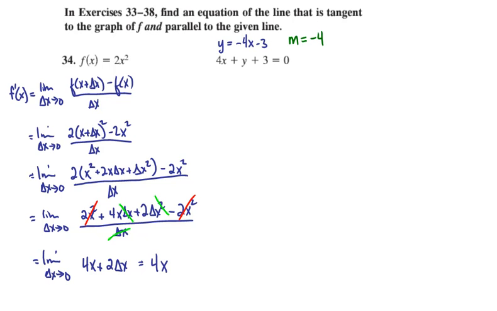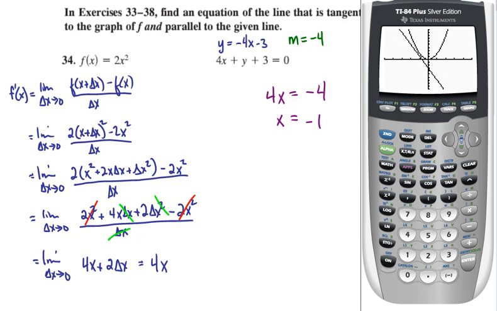Because there, the slope of the tangent line will be negative 4, and that tangent line will be parallel to any other line that has a slope of negative 4, including this line here. So all we need to do is set our derivative 4x equal to the slope of negative 4, and we see that that only happens when x is equal to negative 1.